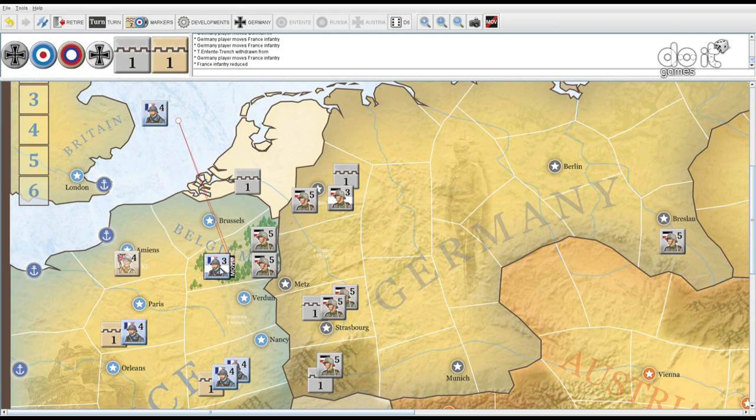Normally that army would have to retreat, but because there are forests here, this army can stay there. So when the trench absorbs 1 hit, the army saves 1 hit and can stay in the area, as long as the combat is in forest.